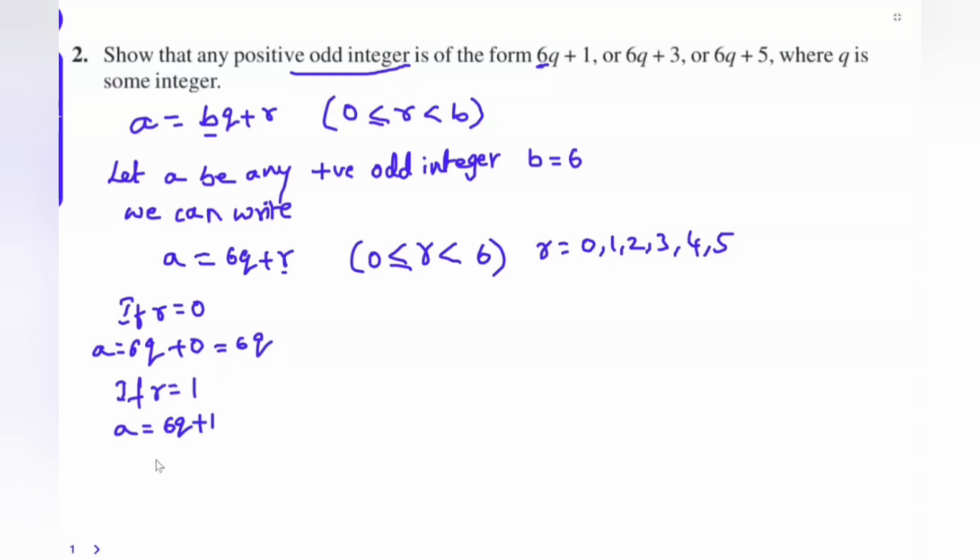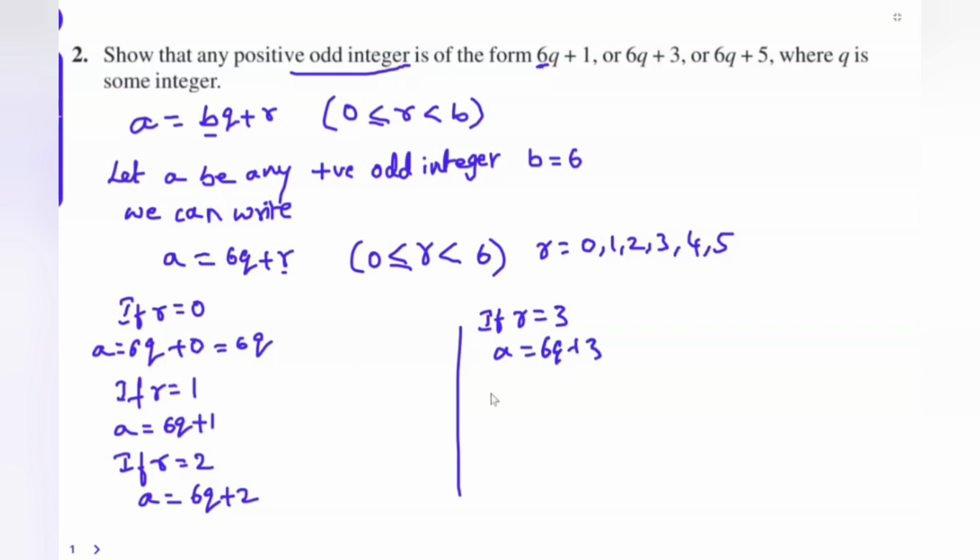Next, if r is equal to 2, a is equal to 6q plus 2. Similarly, if r is equal to 3, a is equal to 6q plus 3, and so on. If r is equal to 4, a is equal to 6q plus 4. If r is equal to 5, a is equal to 6q plus 5.